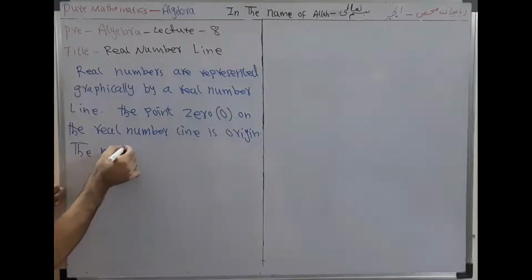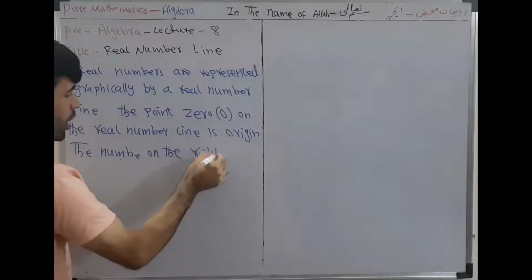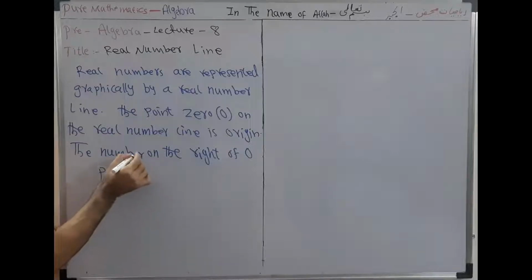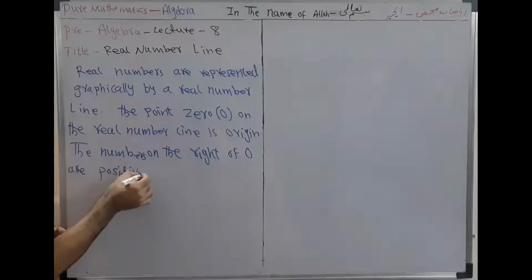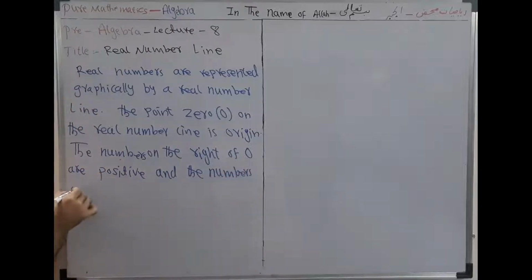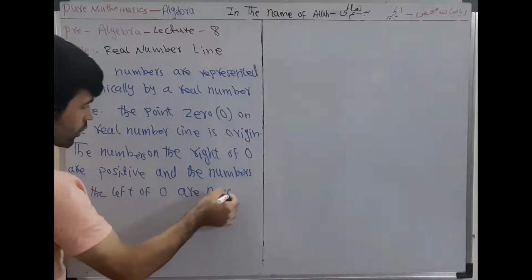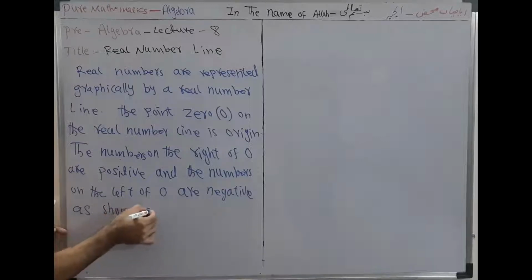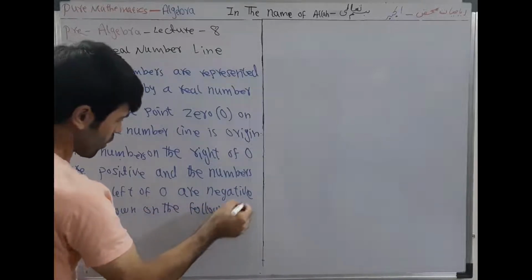The numbers on the right of O are positive, and the numbers on the left of O are negative, as shown in the following figure.